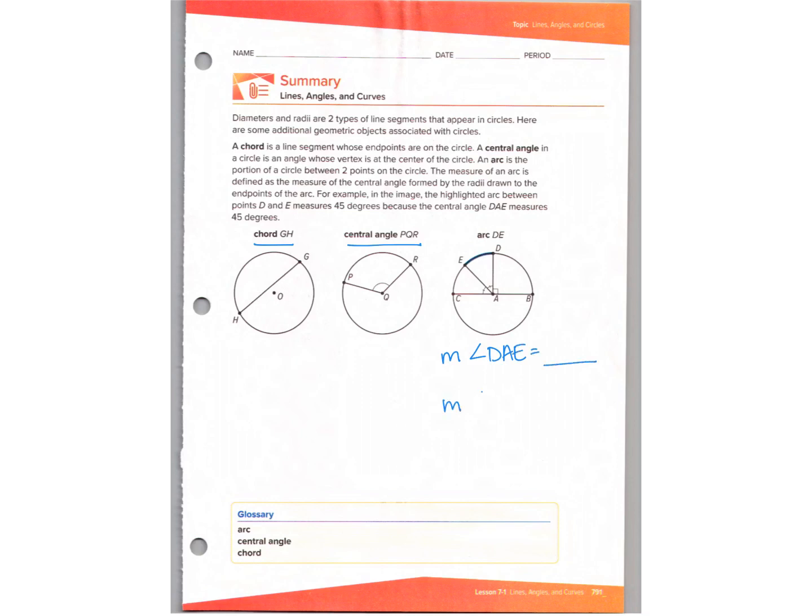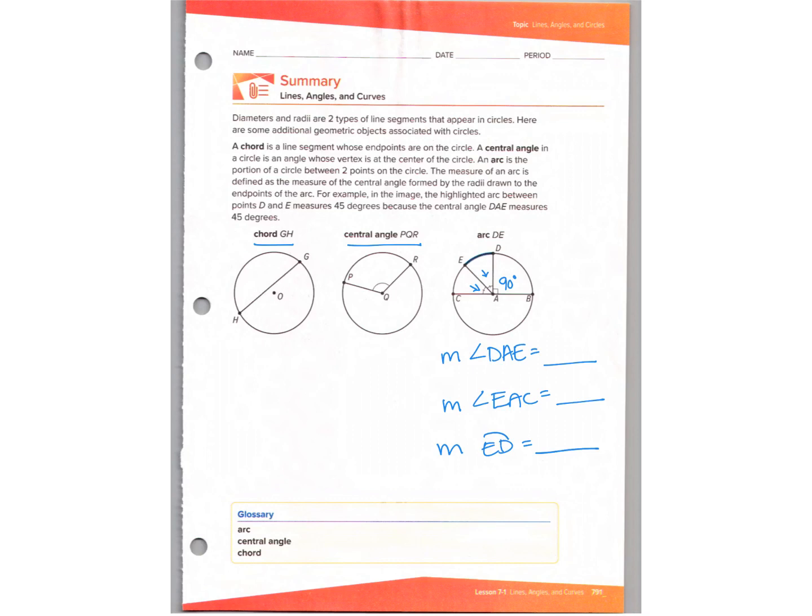The measure of angle EAC is something I can find. And finally, the measure of arc ED is something I can find. So pause this video a moment, study this diagram with your 90-degree angle, notice both these angles are marked congruent, and then come back and see if you got the right answers.